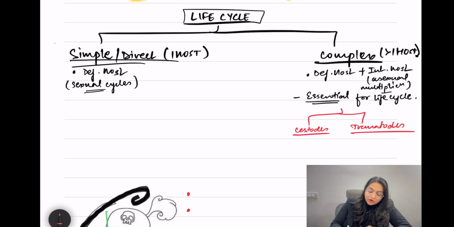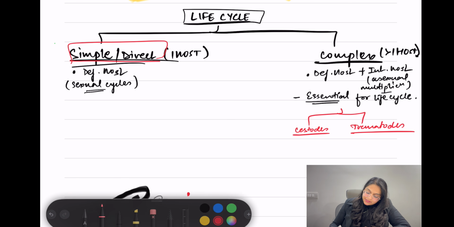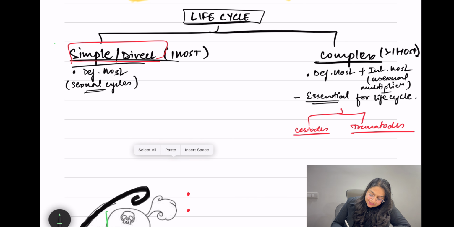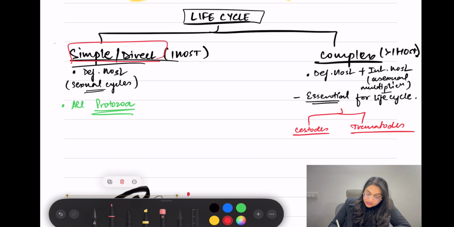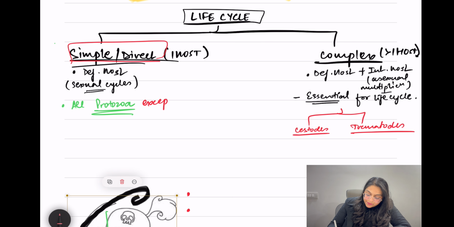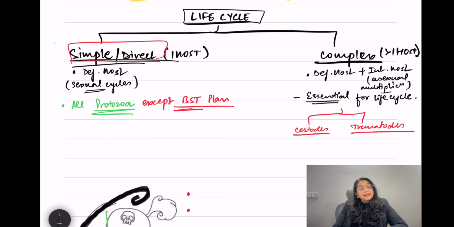Let's look at the simple or the direct life cycle. Okay, which are the organisms which have a simple life cycle? Easy to remember. I will say all protozoa have a simple life cycle except best plan C, right?